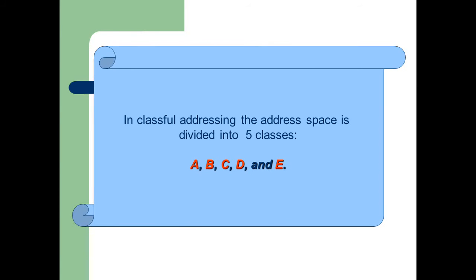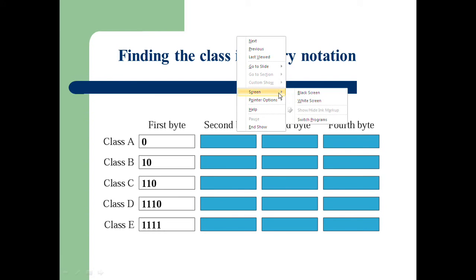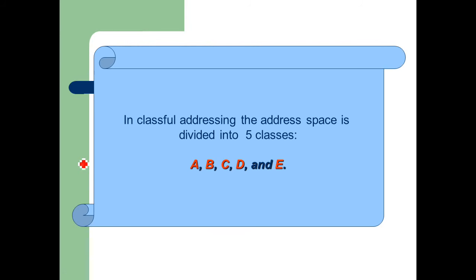So what is the requirement of classful addressing? When I started talking about IP addressing, I already told you there are two things. One is the network portion, the first block is called the network identification portion, and the remaining is called the host portion.